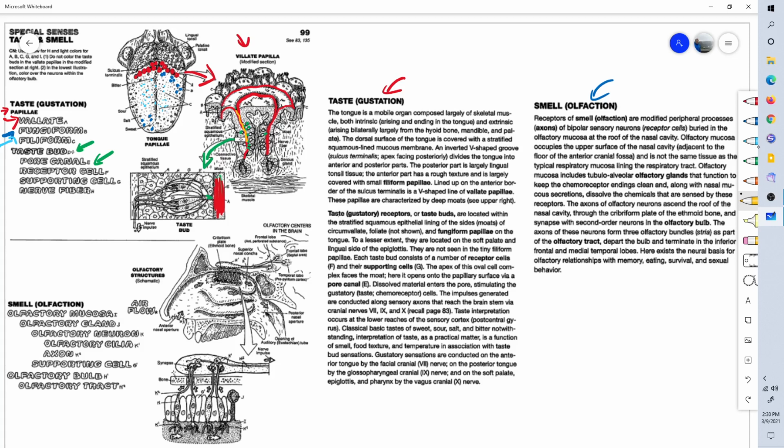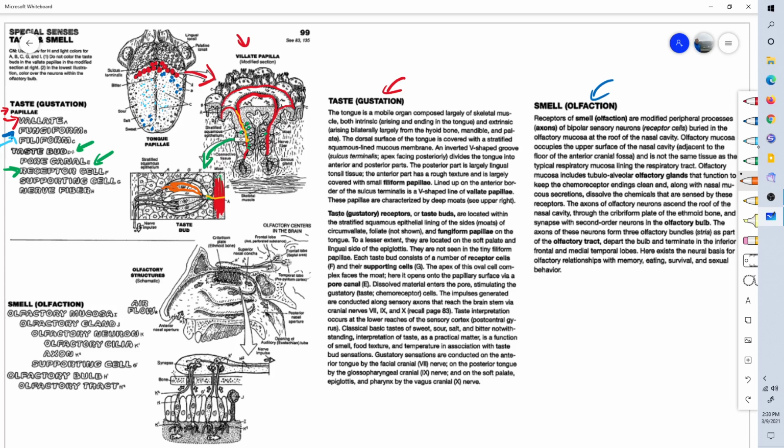Food you eat travels through the pore canal, where it is received and creates an electrical signal on a receptor cell. These are the active receptor cells that are responsible for taste and send the signal to your brain and nervous system.